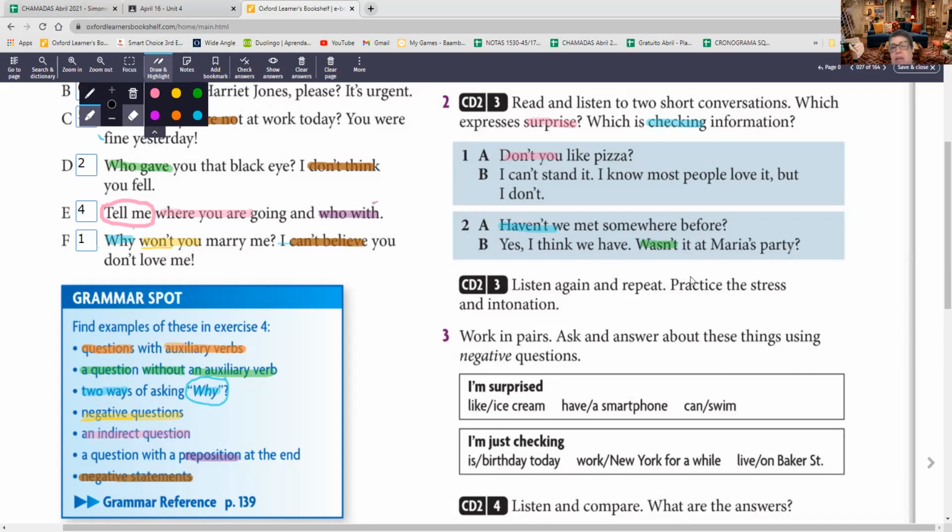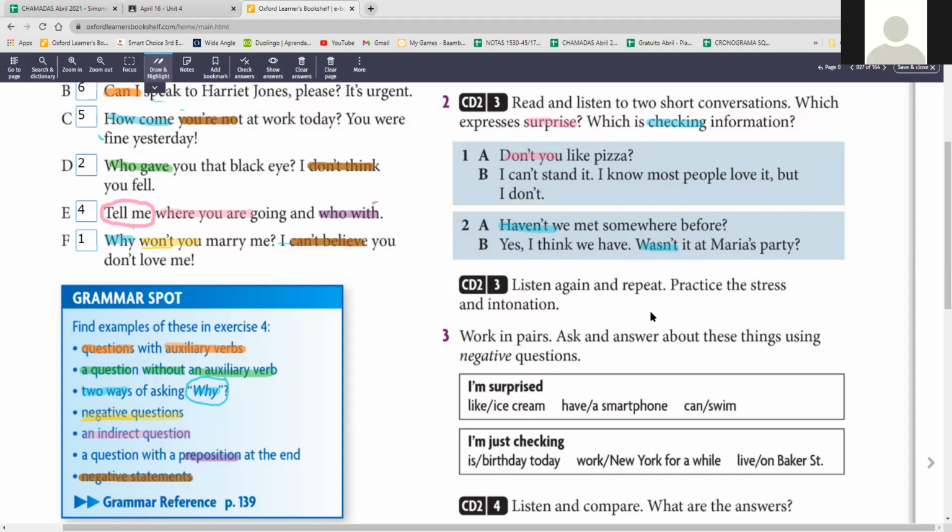So my color is wrong. I have to put the same color as here. Sorry, guys. All right, now it's okay. So the one in pink, I'm expressing surprise. The ones in blue, I'm checking information. All right, good.